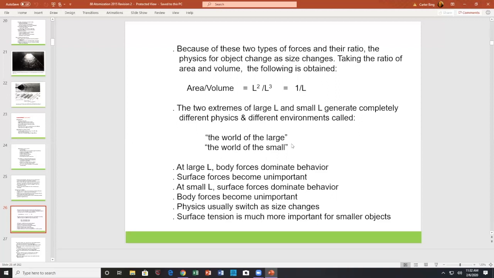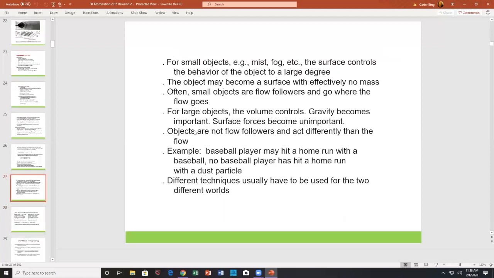In spray painting or in sprays, you have large drops and they hit the object or the surface that's being sprayed. And then you have the mist that's created as well. And that's carried off with the gas stream. So you have this world difference here, area. World of the small versus world of the large. Example, mist and fog.